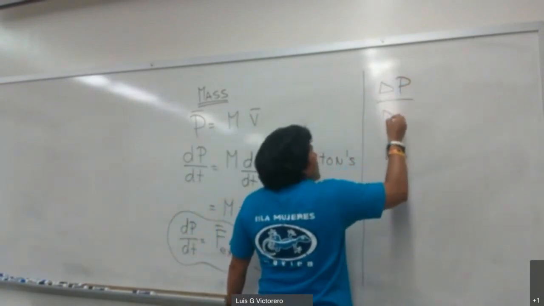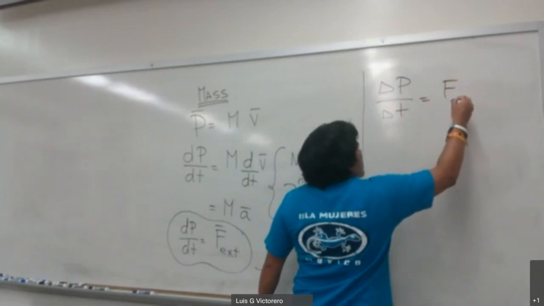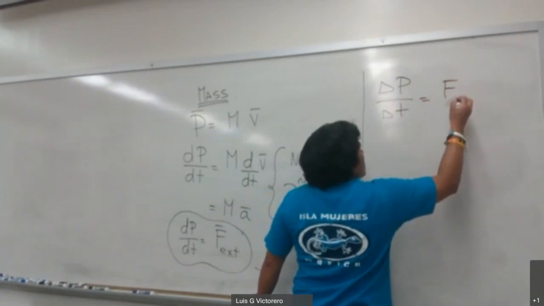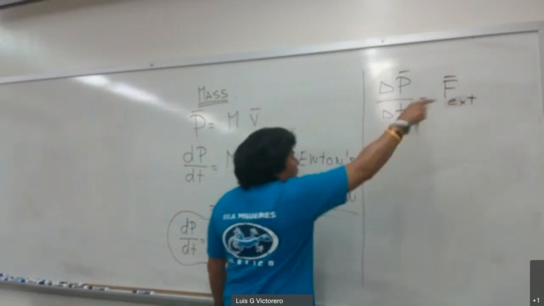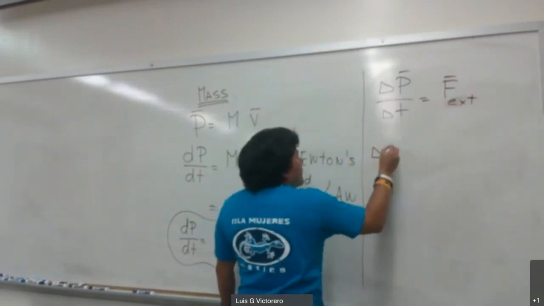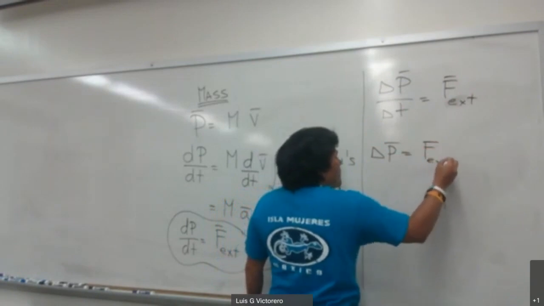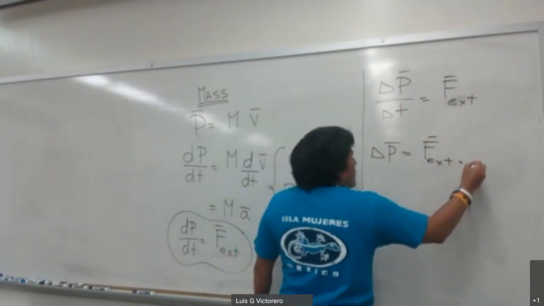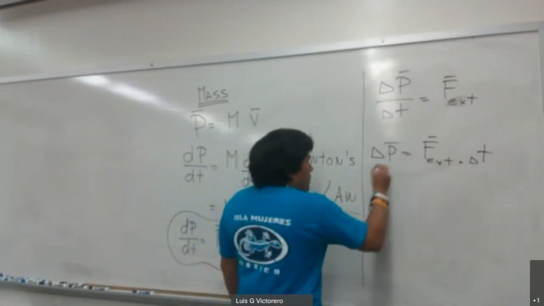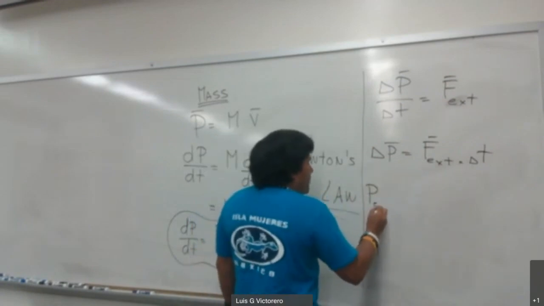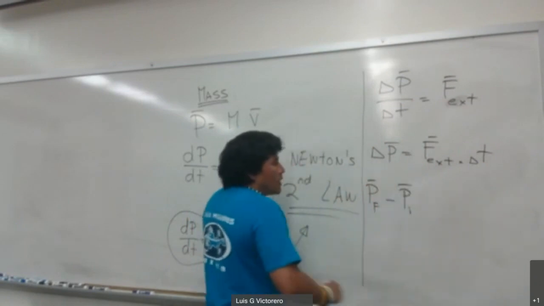Change of momentum with respect to time equals the force, and if I multiply there, delta P is P final minus P initial.